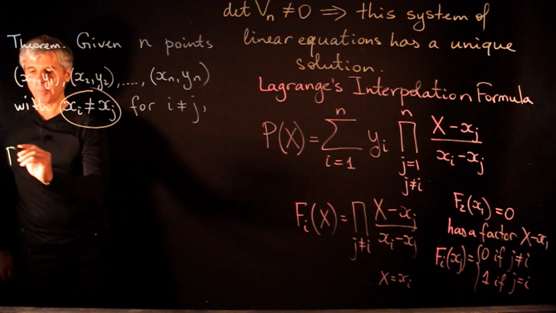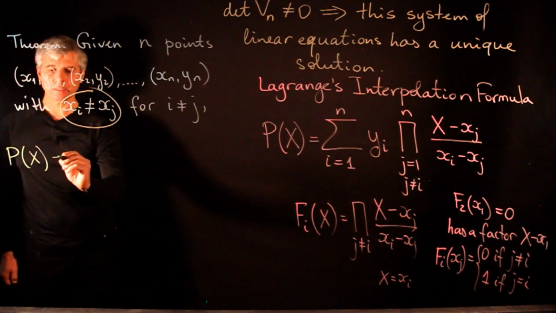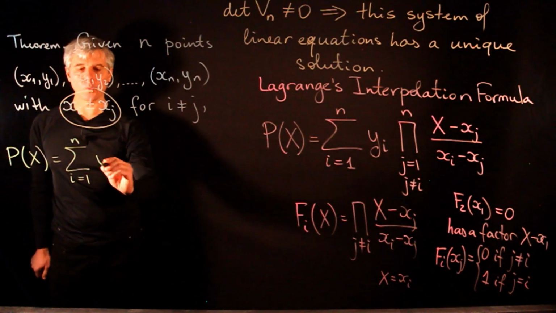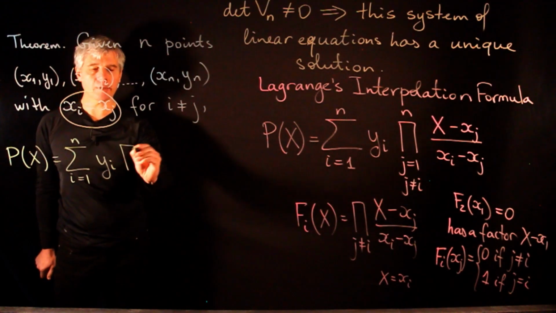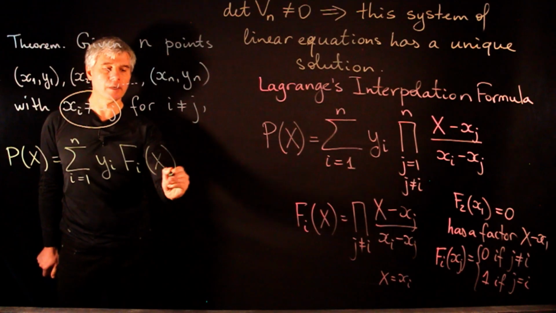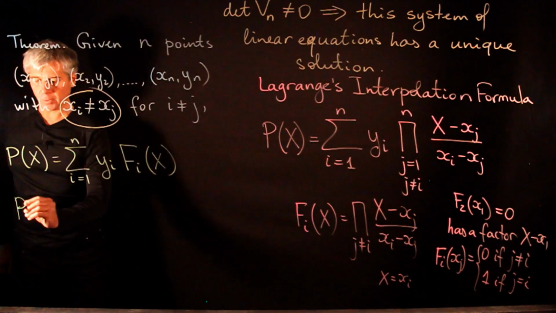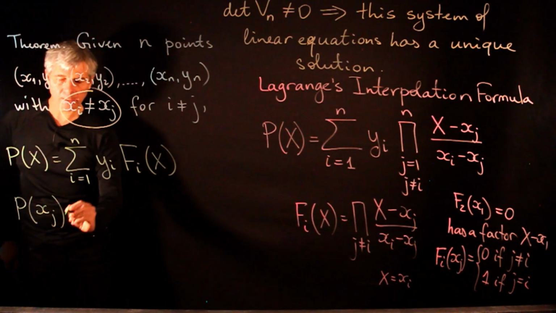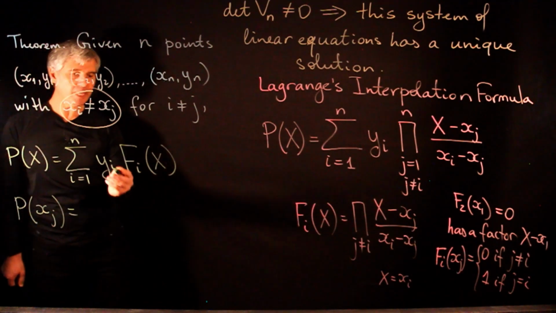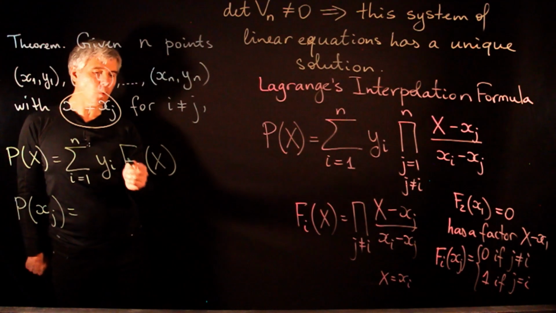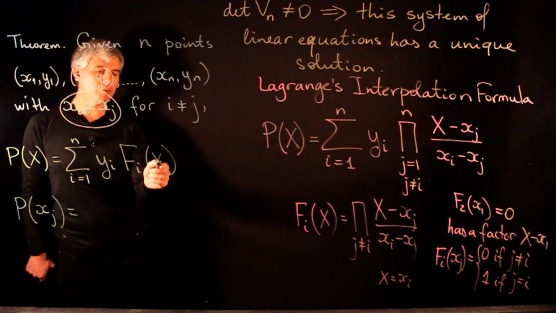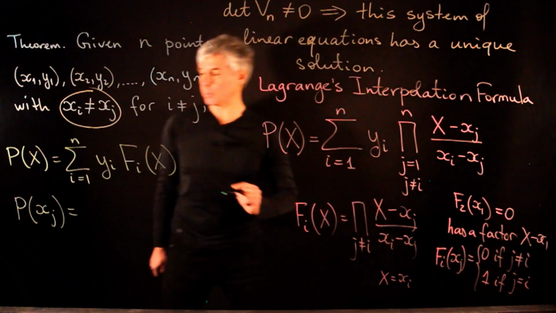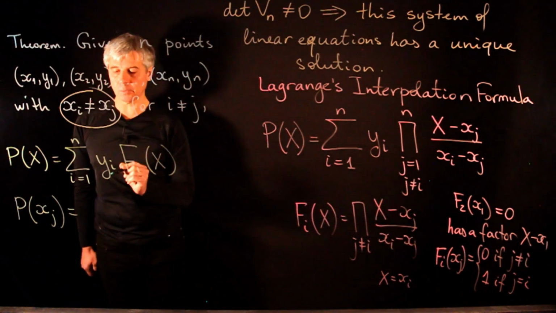And then our polynomial p of x is equal to the sum, i goes from 1 to n, of yi times fi of x. When we evaluate p at the point xj, all polynomials fi evaluated at xj will become 0 except for the term when i is equal to j.